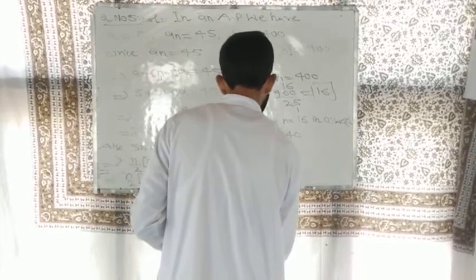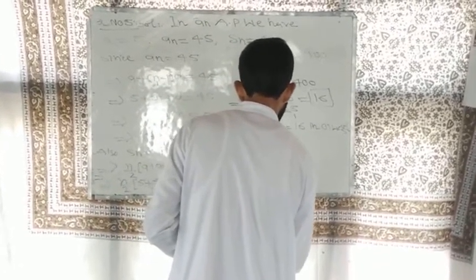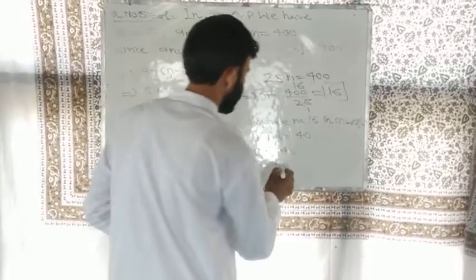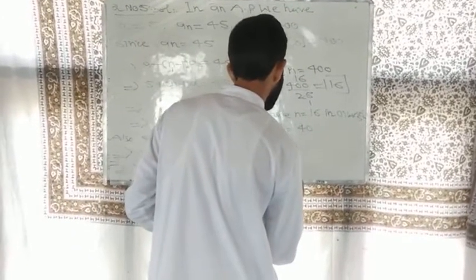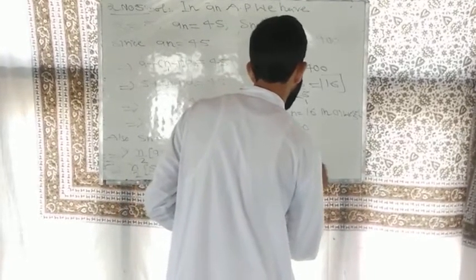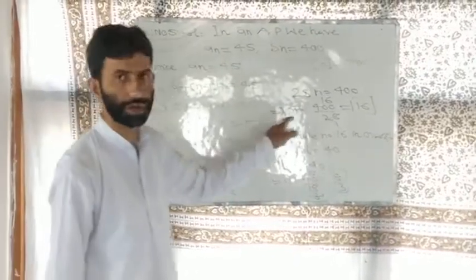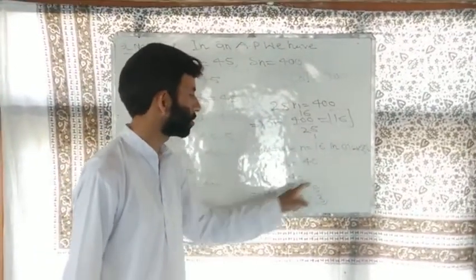D equals 40 divided by 15. Dividing by 5, 5 times 8 is 40 and 5 times 3 is 15, so D equals 8 divided by 3. So the number of terms is 16 and the common difference is 8 divided by 3.